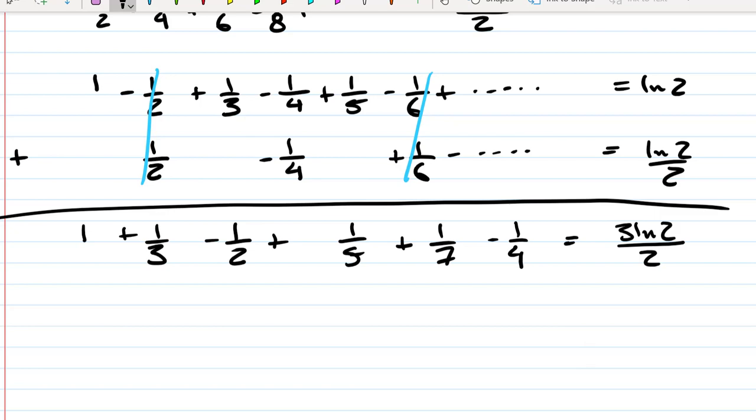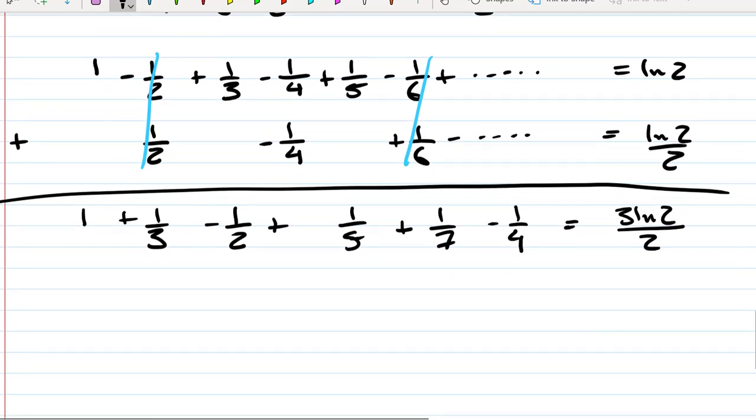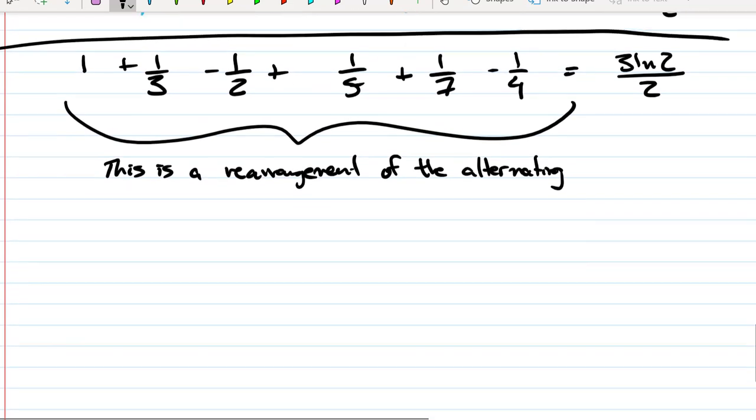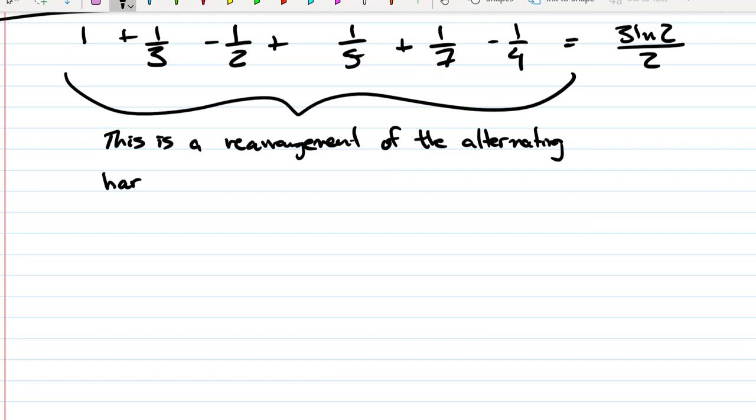This is a rearrangement of the alternating harmonic series, which we know equals the natural log of 2. And it has a different sum.